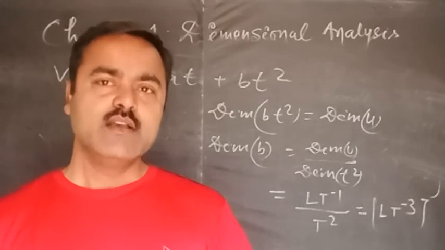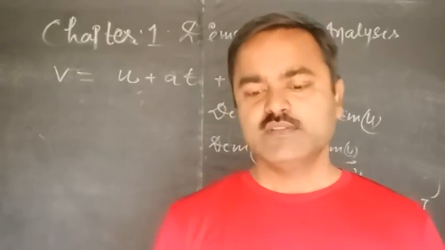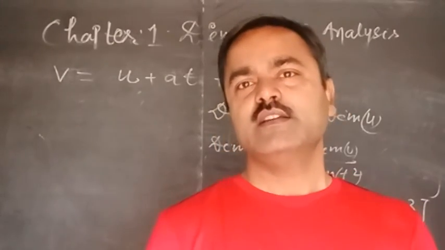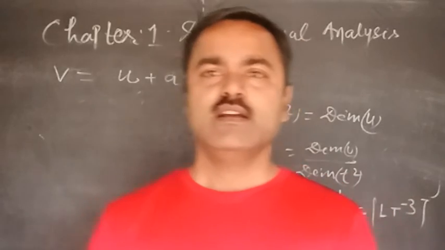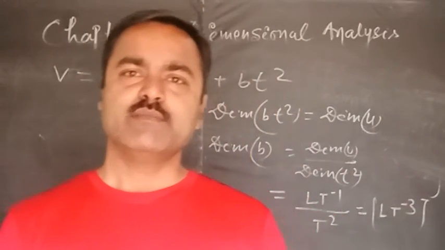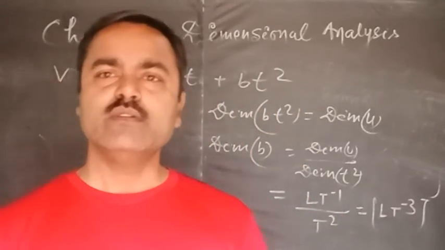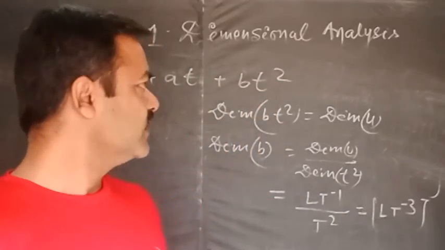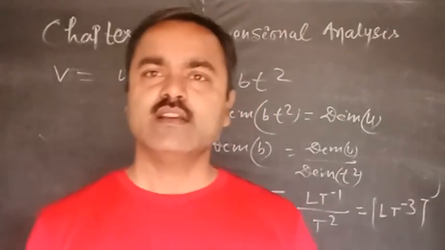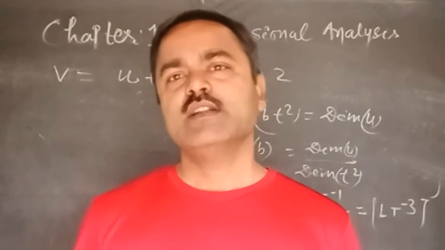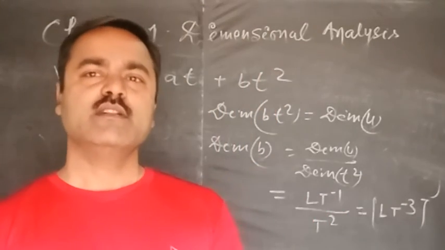So today you have learned two uses of the dimensional formula: first, to verify whether a given equation or formula is correct or not, and second, to find the dimensional formula of an unknown physical quantity which is separated by plus or minus in an equation. The next day we will see the other uses of the dimensional formula.